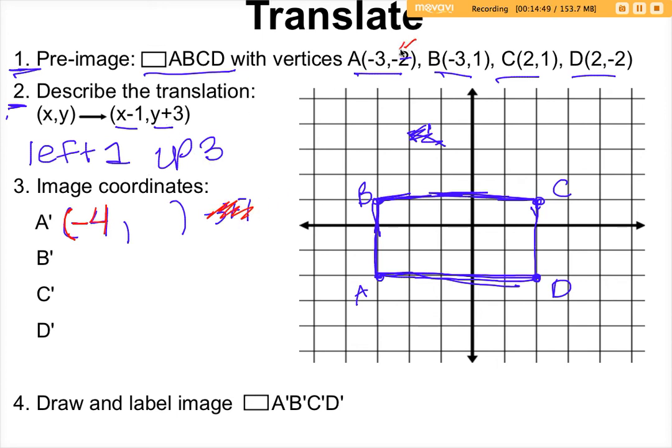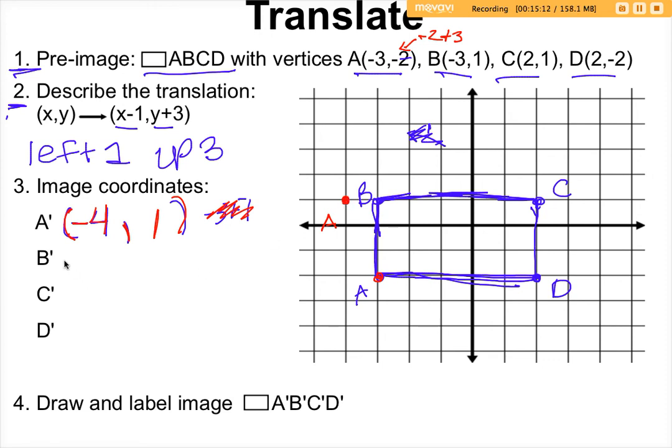So I'm going to take this -2, and I'm going to add 3. -2 plus 3 is 1. Now if I do it physically with A right here, I'm going to go to the left 1 and up 3. There's my new A. If I look at my ordered pair, it is -4, 1.